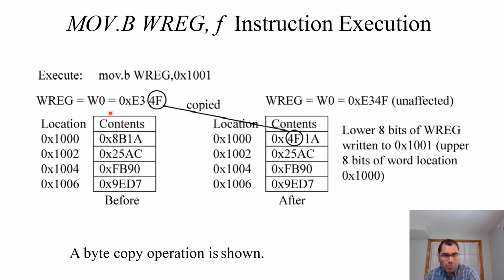Before executing the instruction we know W0, or WREG, and we need to copy that into address location 1001.